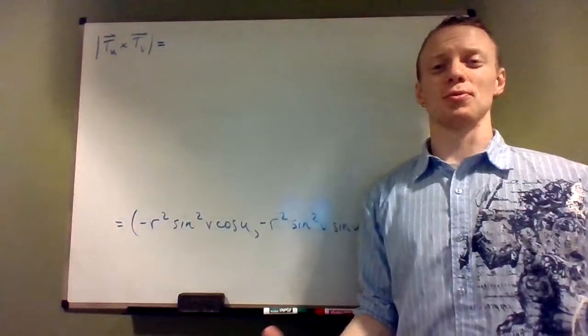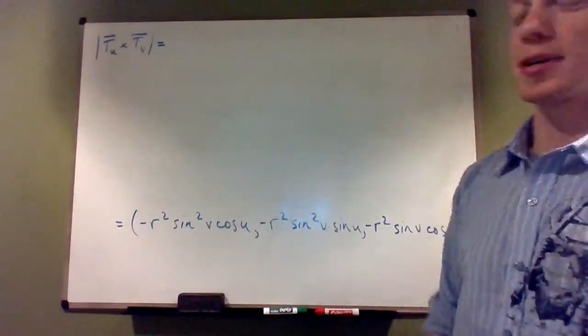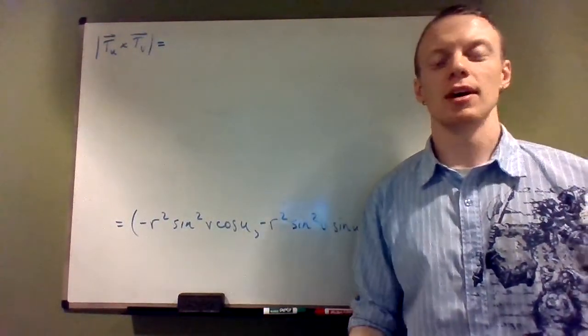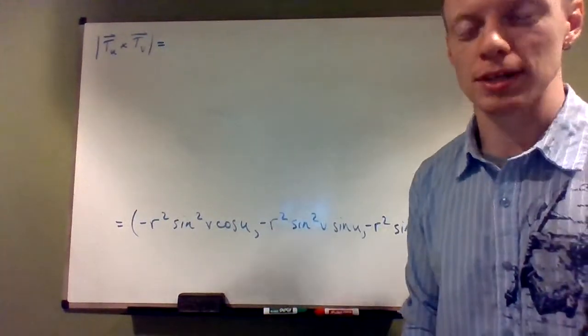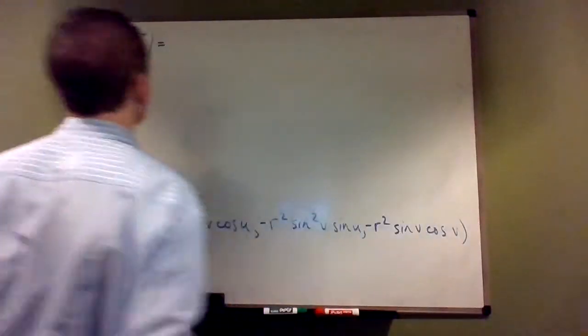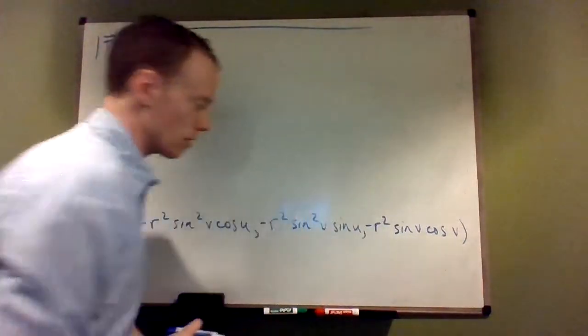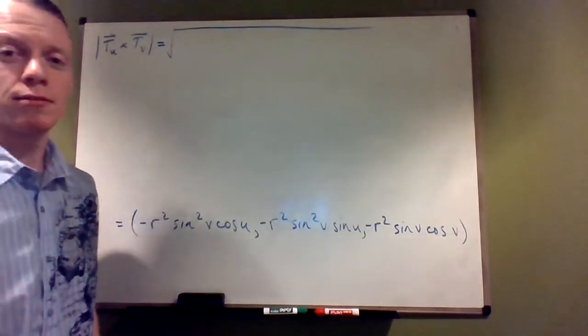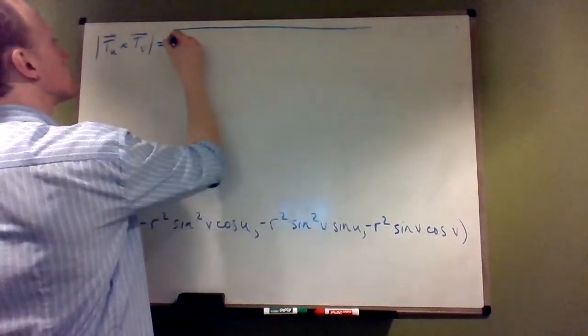This does look really ugly right now, but as we work with our sine squareds and cosine squareds, we're going to see that things nicely cancel out, and we get it down to something pretty friendly. It's going to be the square root of the sum of the squares of each of these components.